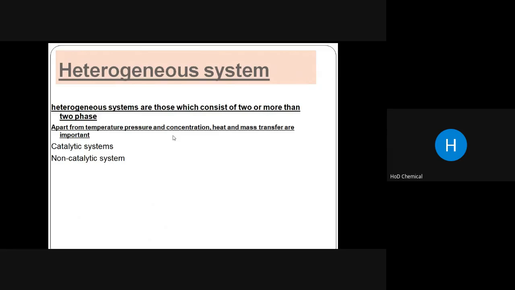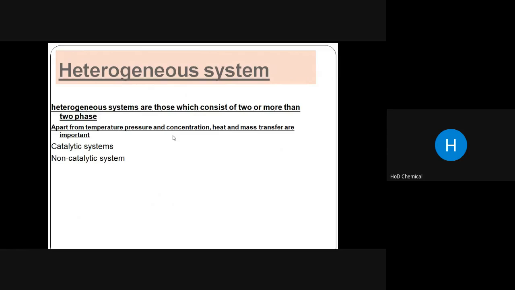The first step is the transportation of reactant from the bulk phase. The second is the adsorption process. After adsorption, we move into the surface reaction step. The fourth is desorption, and the fifth is the removal of products.